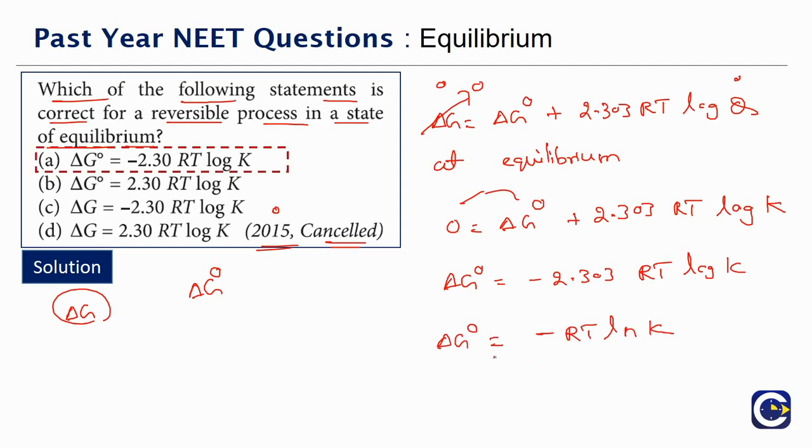Option A, del G naught will be equal to what? 2.303 RT log K. So this is the original relation between the free energy change of the chemical reaction and the reaction quotient Q. So we can sometimes even have straight numerical substitution questions on this formula. Like, if del G naught is given, they may expect us to find what is the K value, or if K is given, they may expect us to find what is the del G naught value.